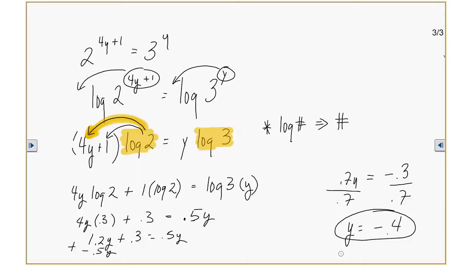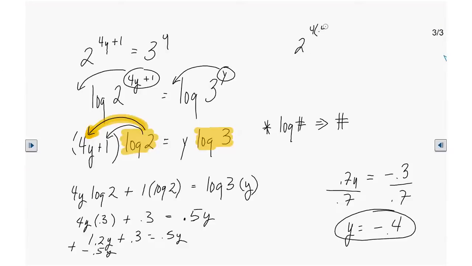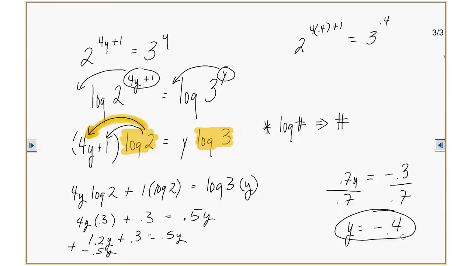And your 0.4 will go up there and let's see what happens. 2 to the 4 times 0.4 plus 1 is equal to 3 to the 0.4. Now 4 times 0.4 is 1.6, right?